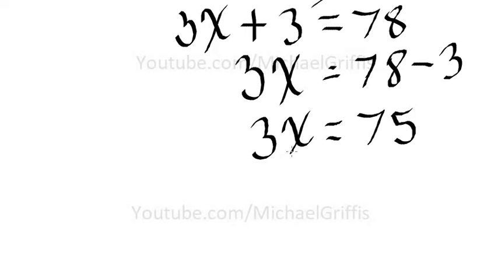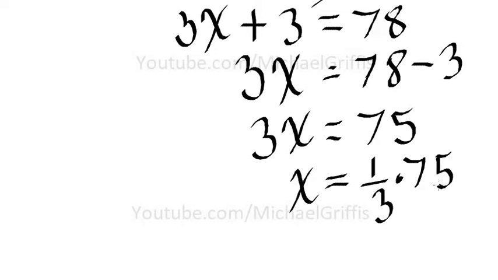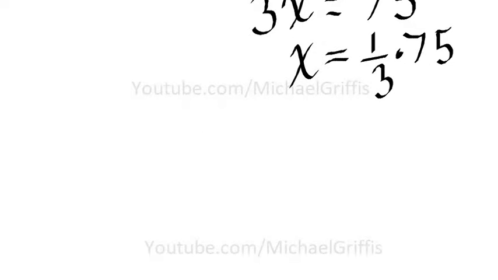And multiplying both sides by 1/3, 1/3 of 75 is 25.